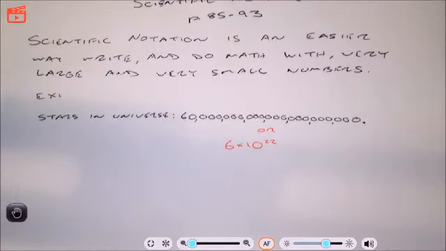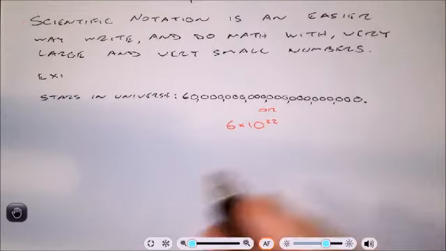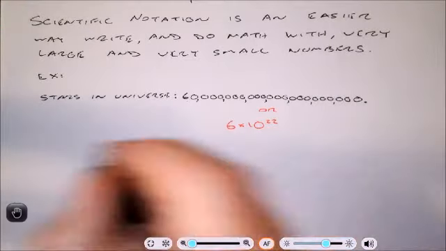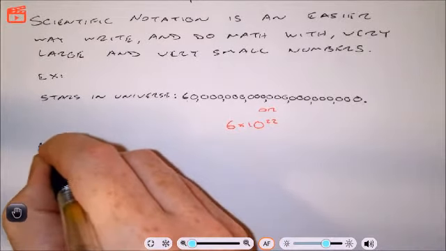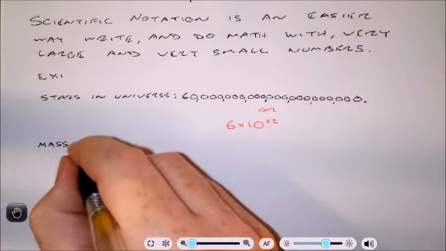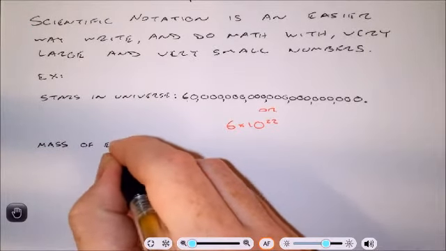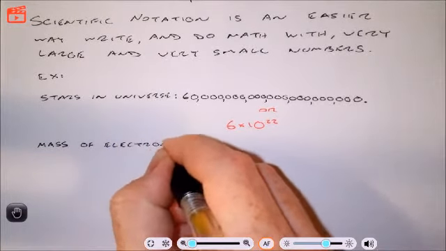We can also come up with a very small number that we use scientific notation for. Let's talk about something super small, an electron. Modern society is based off electricity. Electricity is the movement of electrons.